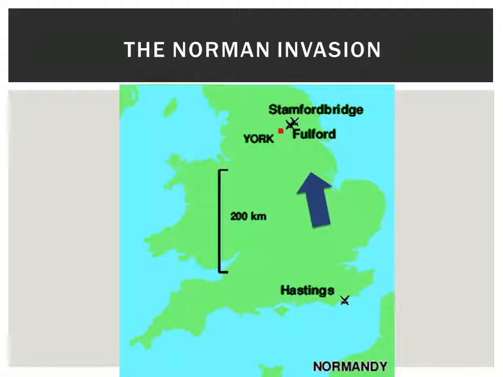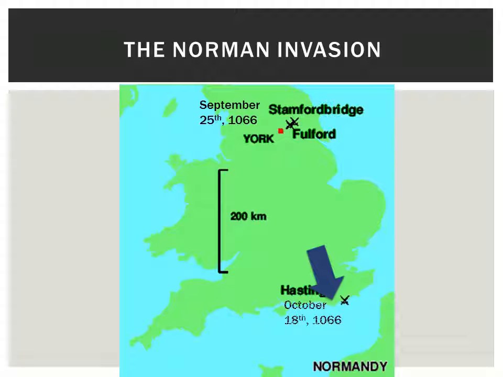The army moving north on September the 25th, fighting a battle against the Vikings in the north, and then having to move south again, and in October, just a couple of months later, trying to fight a big battle against the Normans who've come in from Normandy in the north of France, and this time it's just impossible. They can't hope to beat this fresh army when they themselves are exhausted.